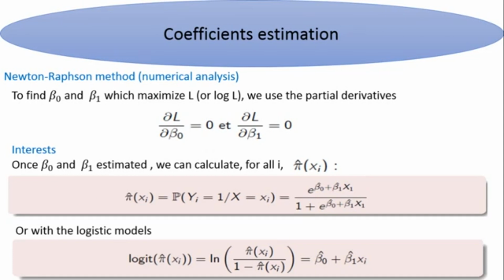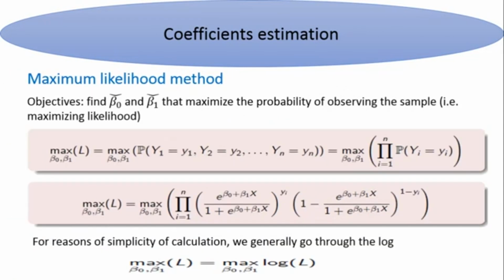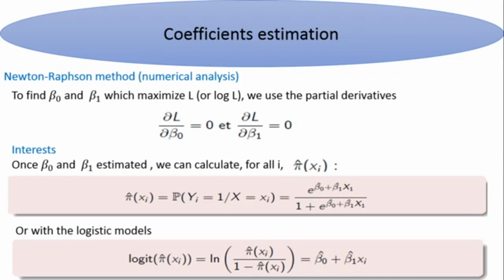To find the maximum of the log of our likelihood function, we use a numeric method called Newton-Raphson to search for the beta 0 and beta 1 that maximize our likelihood, that is, the point that annuls the partial derivatives of our log-likelihood function.